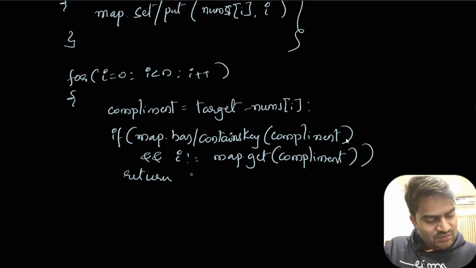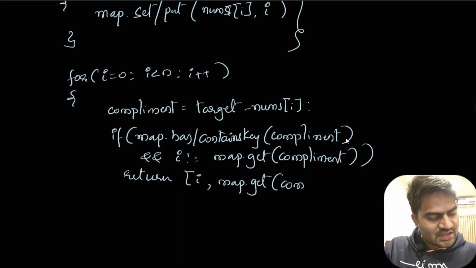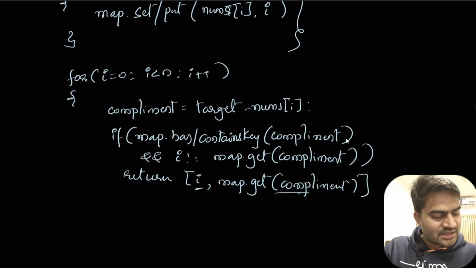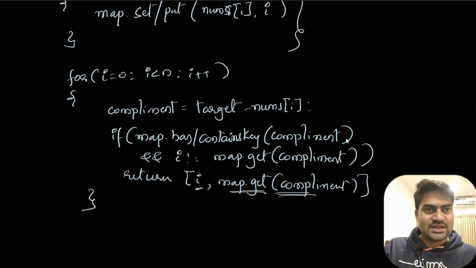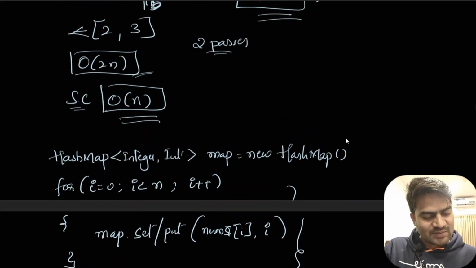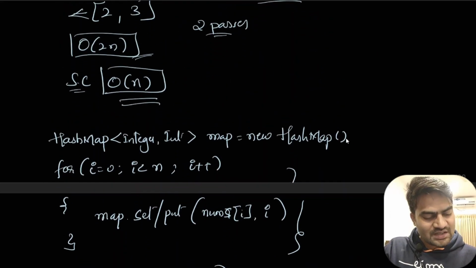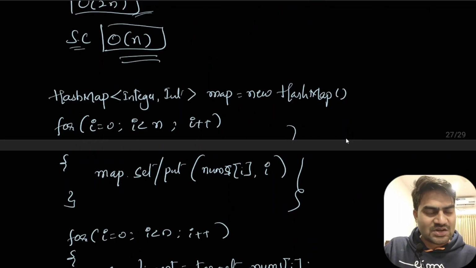So I will return i comma map dot get of complement. This is one index, and the index of the complement will be given by the map. This way we return and we can close the loop. And we have seen its time complexity is order 2n and space complexity is order n.